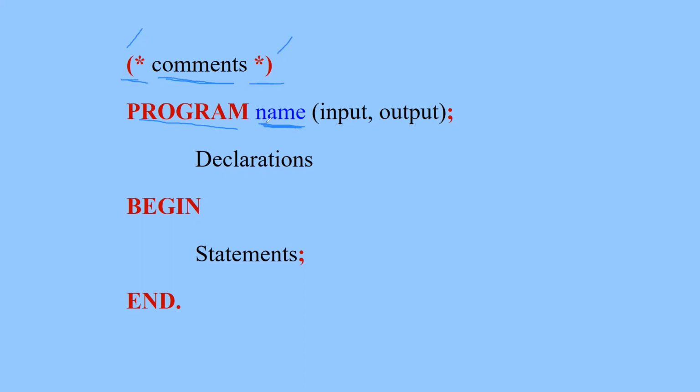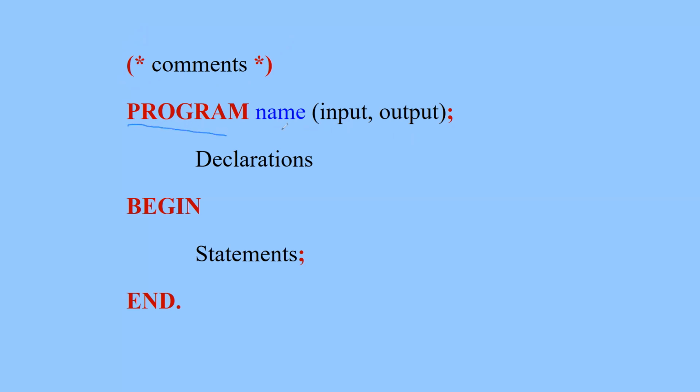For example, program area, program area circle, area circle. Then we have these parentheses. So in other words, this is also a function, just as you have seen for C. So every program that you write in Pascal should have this form of syntax.